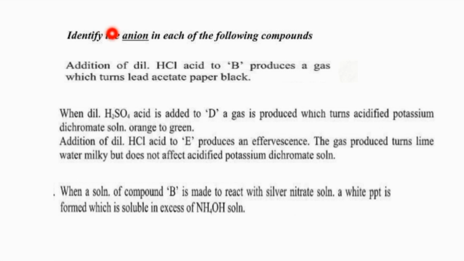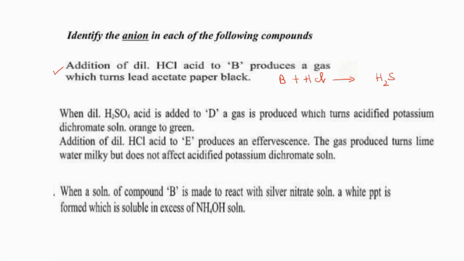Identify the anion in each of the following compounds. Addition of dilute hydrochloric acid to B produces a gas, which turns lead acetate paper silvery black. So lead acetate paper is turning black. So that means, which gas should it be? We know that is hydrogen sulphide.